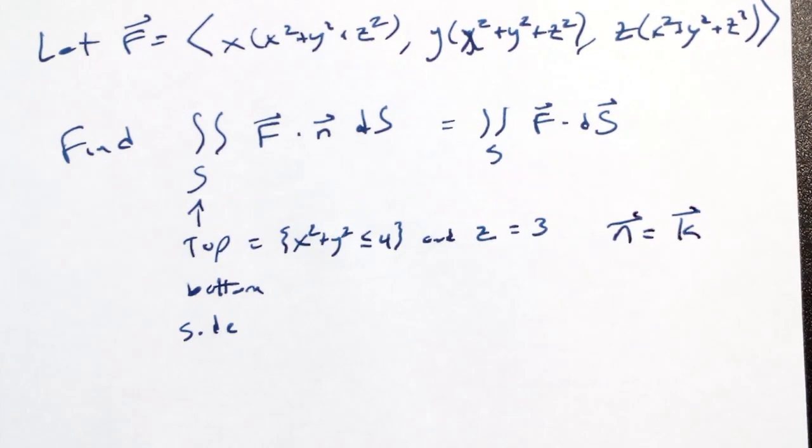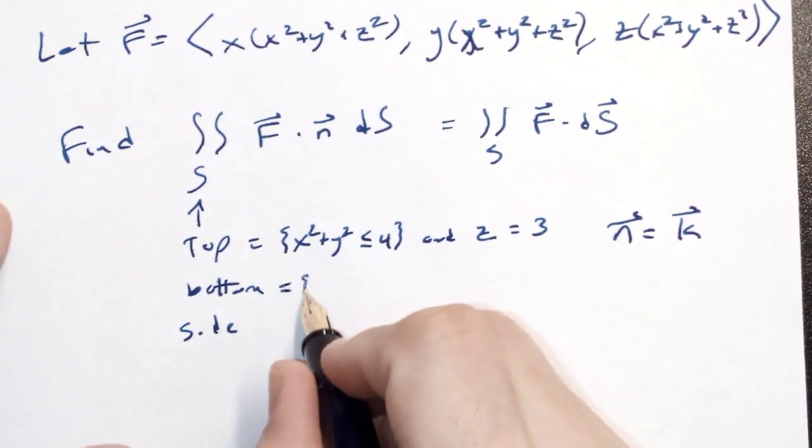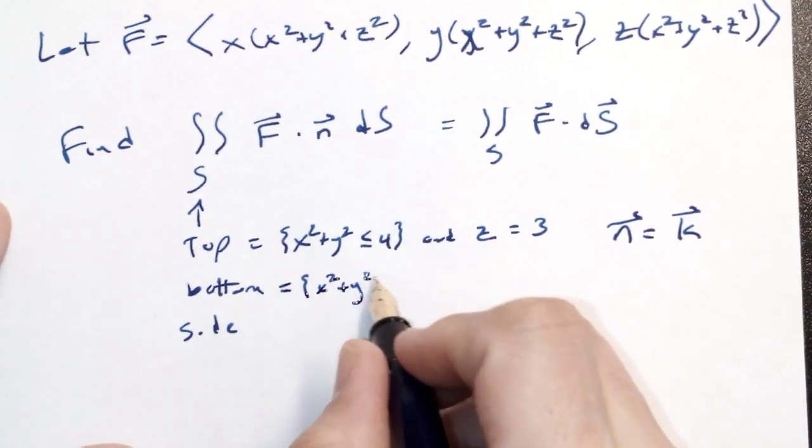How about the bottom? Yeah, same thing, z equals 0, but then what's my normal vector?